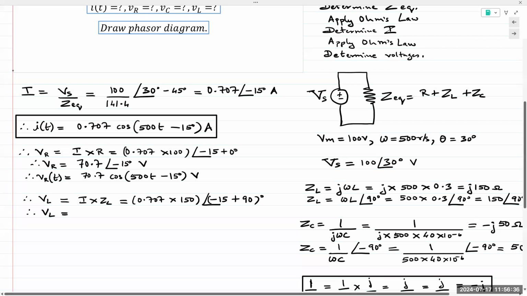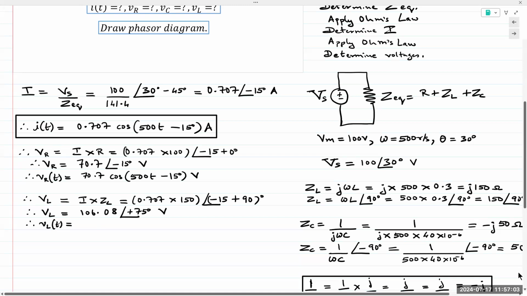That gives me an answer of VL as 106.08, with an angle of plus 75 degrees, in volts.